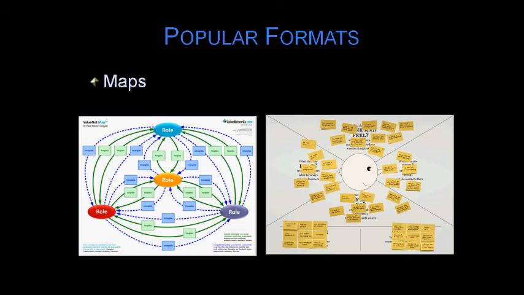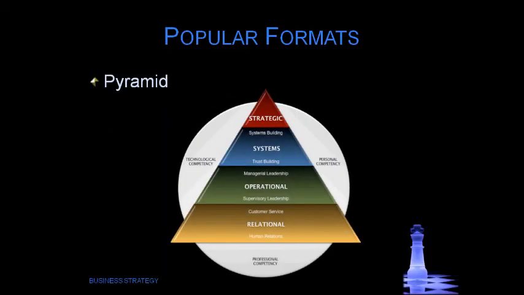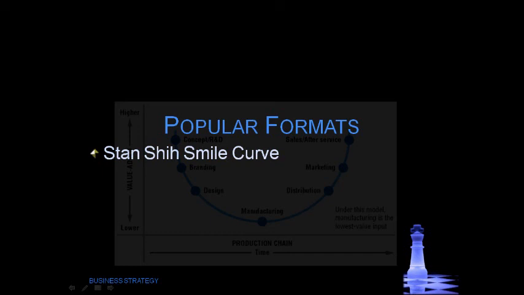Maps are, as you can see, a little bit complicated when you try to write things down. The pyramid is pretty cool, except it never actually deals with where you're going to get the money or what the value proposition is. It just assumes that you already know them.